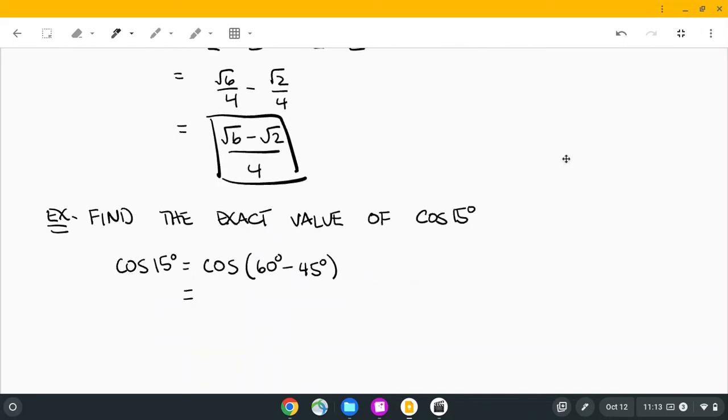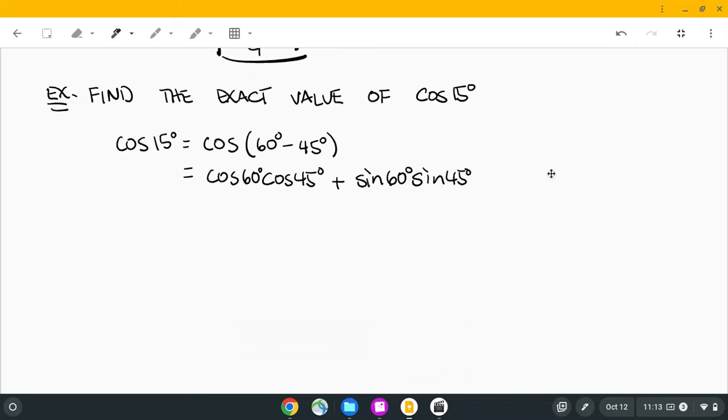Okay, so it's going to be cosine 60 cosine 45 plus sine 60 sine 45. All right, so cosine 60 is 1/2.